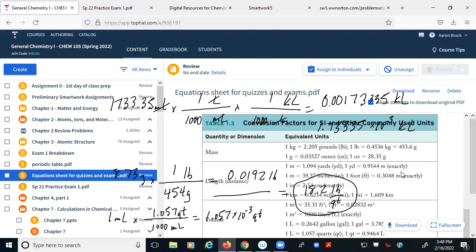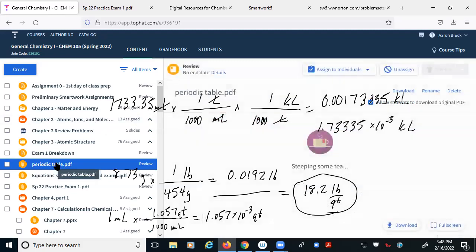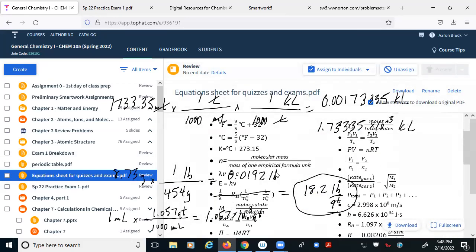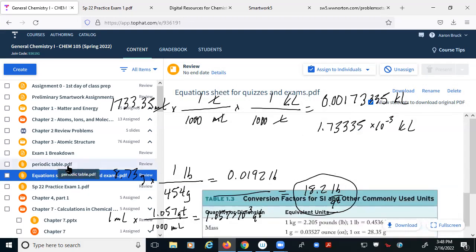So this is the periodic table that you'll get, and this is the equation sheet that you'll get. As you're preparing and doing practice problems, it's not a bad idea to have that open on the side so that you can simulate the conditions for the exam. You know exactly, okay, I need a conversion here, or I need an equation here. Don't Google it. See if you can find it on the equation sheet. And then if you get stuck, you can look in your textbook or try to Google the correct answer.